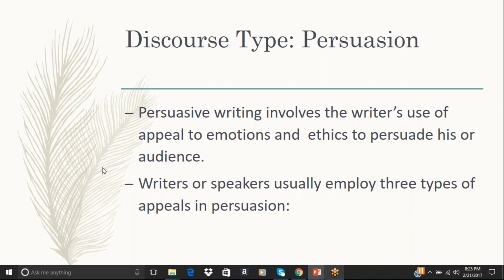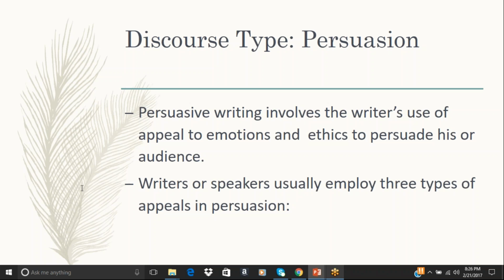Logos speaks to what, Samuel? Logos, ethos, and pathos. Logos speaks to logic or reasoning. Pathos speaks to emotions, and ethos is the other one, and that speaks to credibility.